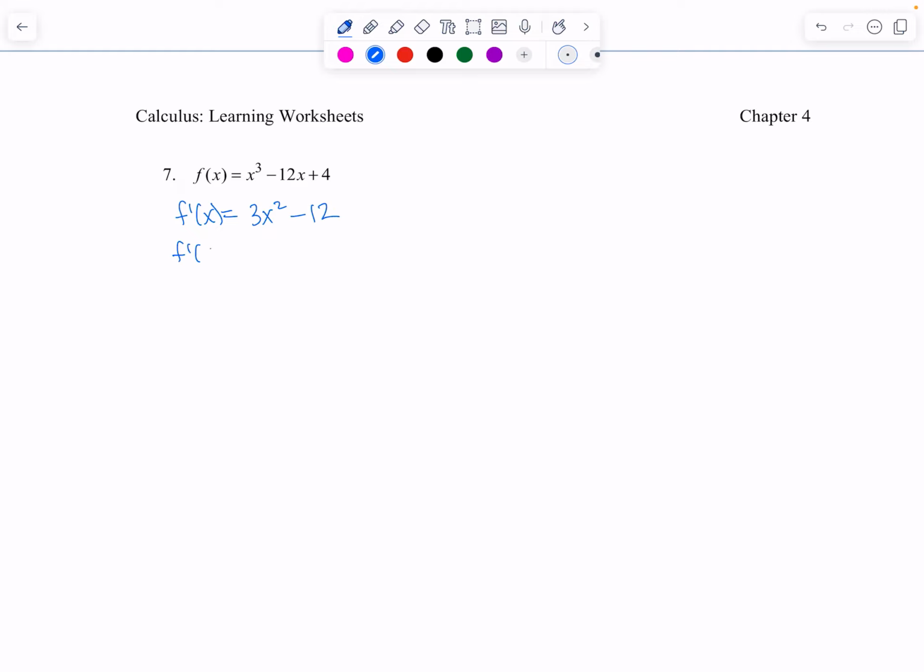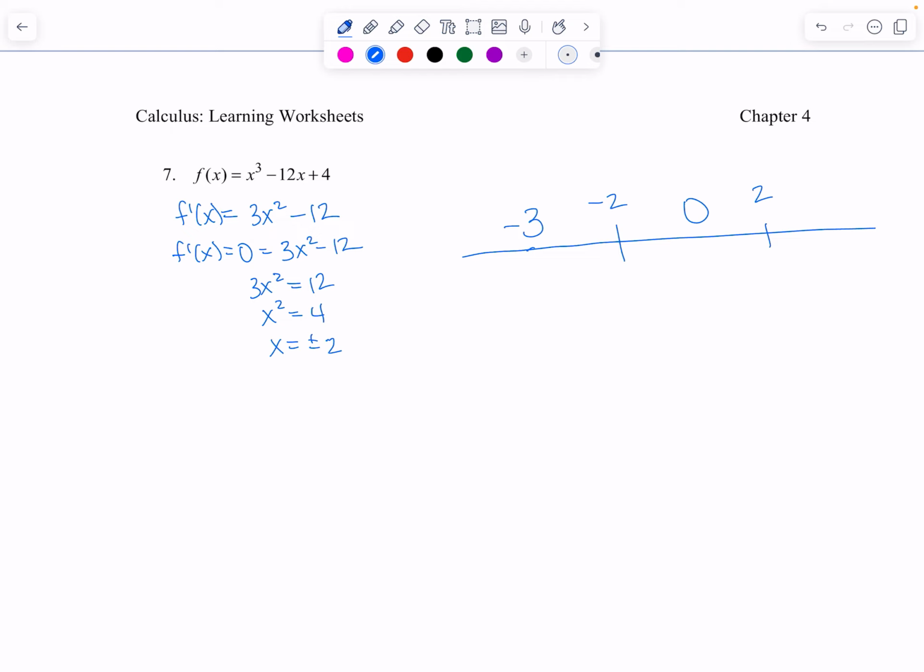Let's find our critical values. 3x squared equals 12, x squared equals 4, x equals positive and -2. So we'll look at -3, 0, and +3, just to keep it symmetric, I suppose.